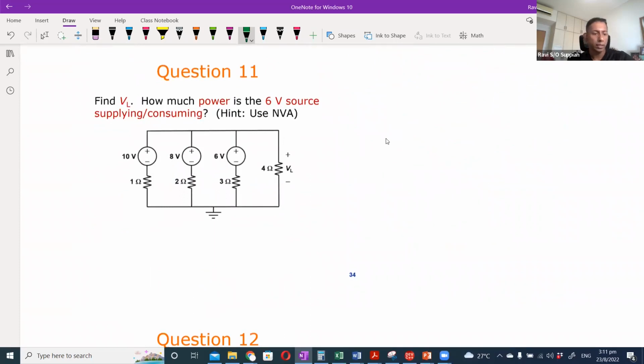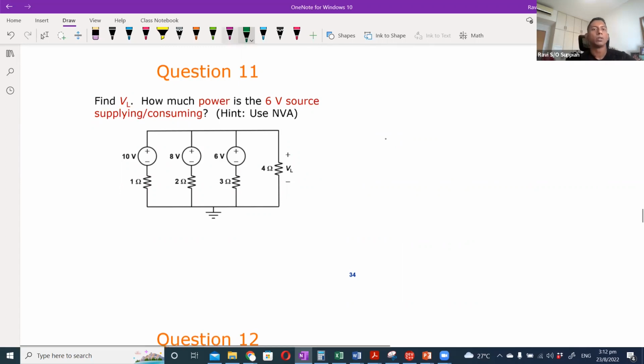Question 11. The same thing. We want to find how much power the 6-volt source is supplying or consuming. So we need to know how much current is actually flowing in that 6-volt branch.